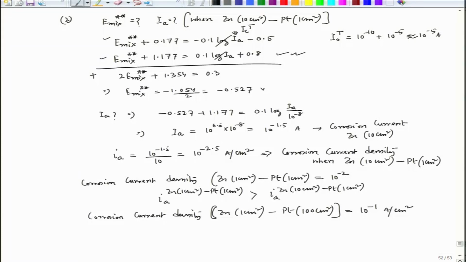So, that means the corrosion rate of the anodic region increases because of its connection to a cathodic region of higher area, but the zinc corrosion rate decreases when its own area increases with reference to the cathodic area.